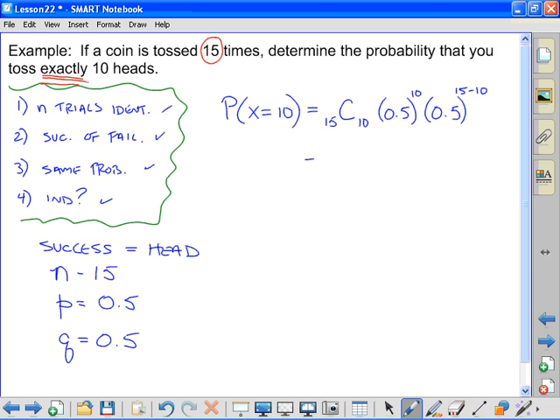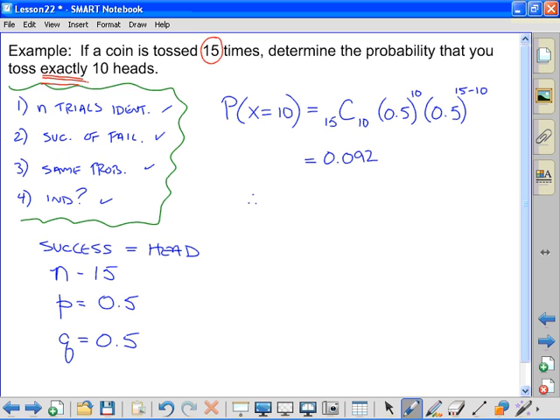So now it just becomes a task in using your calculator. So this saves us from doing a huge tree diagram. It saves us from doing a graph or tabular form. We can just punch this in. So 15 choose 10 times 0.5 to the exponent 10 multiplied by 0.5 to the exponent 5. And I get 0.092.